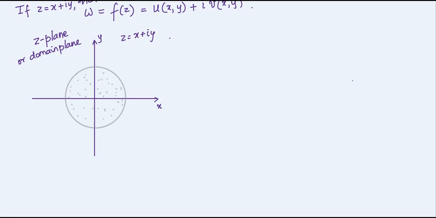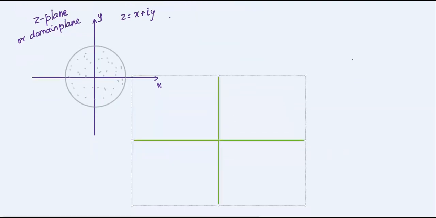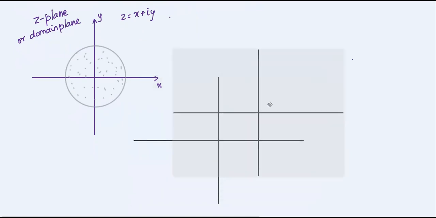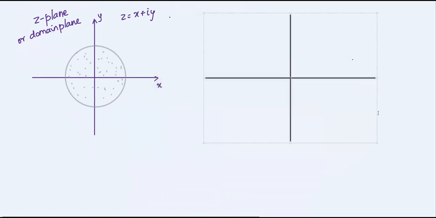However, the codomain or the range is again a completely different plane altogether. The relationship between the variable and the function value cannot be plotted in the same plane. That is the most important difference.